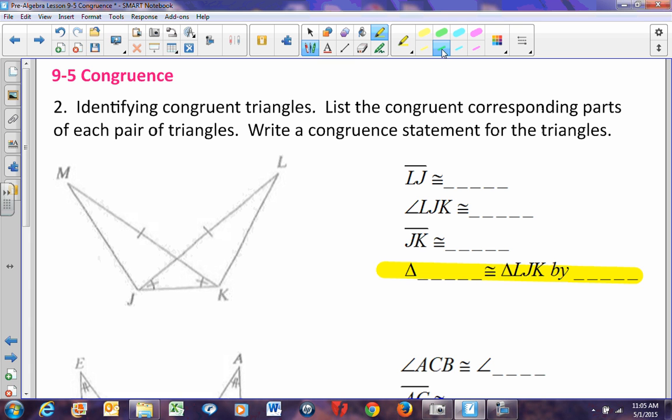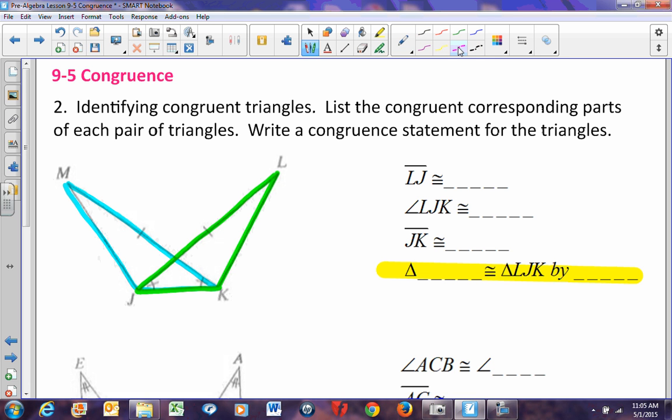So if I look at my figure, LJK goes that way. So I'm looking at that big triangle there, which means I have to be comparing that to this big triangle over here. This is what we call overlapping triangles. They share some parts. And it's very, very easy to get confused with these overlapping triangles.